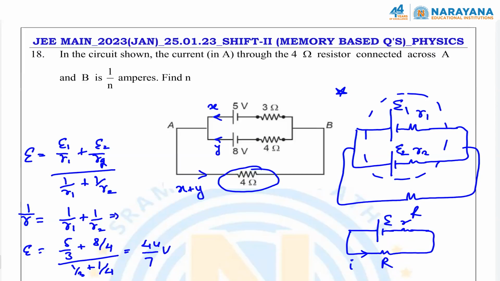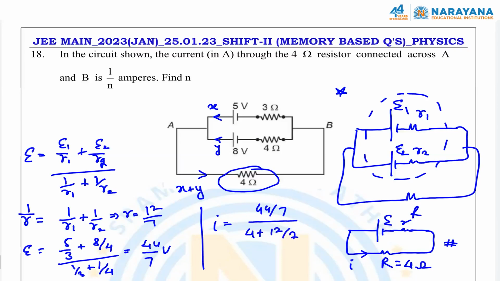And when I calculate r from here, let's solve for r, it will be (1/3 + 1/4) inverse. So it will be R1R2 by R1 plus R2, 12/7. All right. Now this R is 4 ohm. So we can straight away find the current, E by R plus r in this circuit. E is 44/7 divided by R is 4 and small r is 12/7.